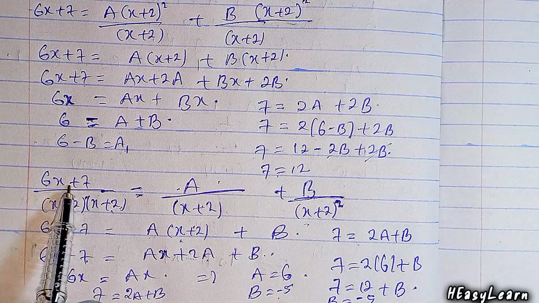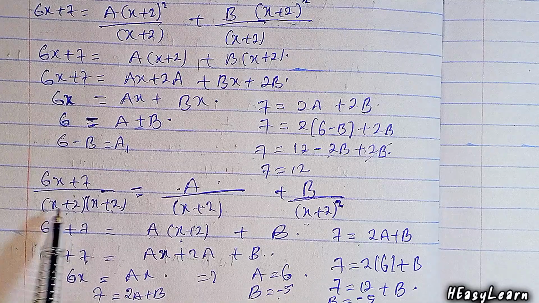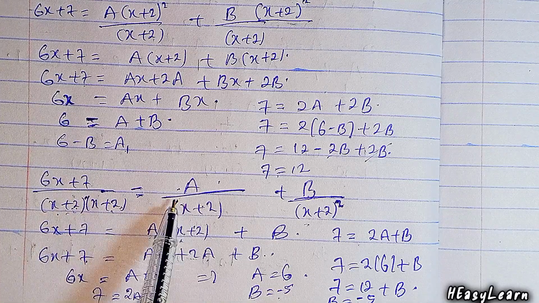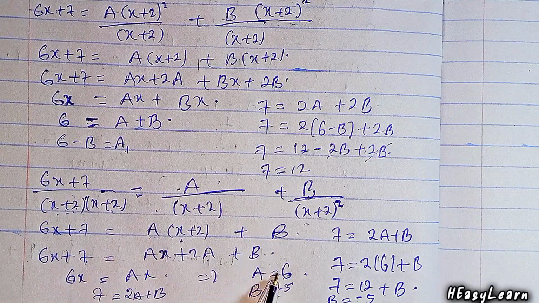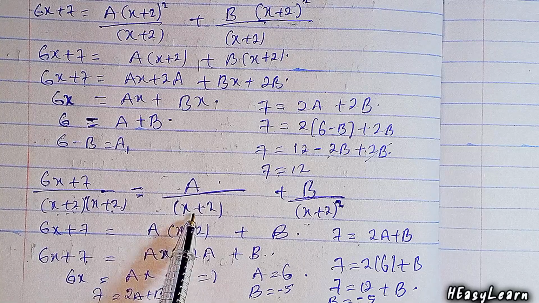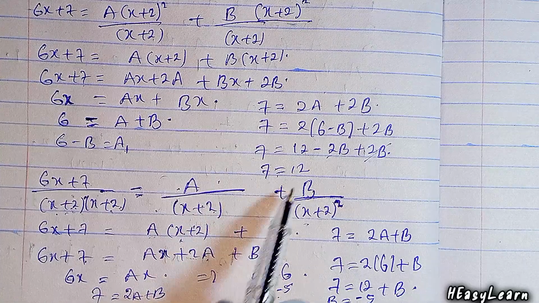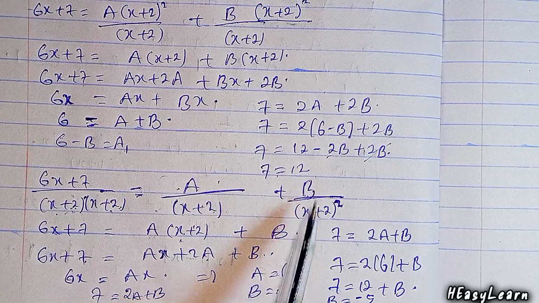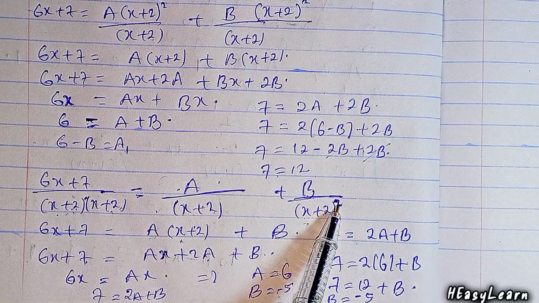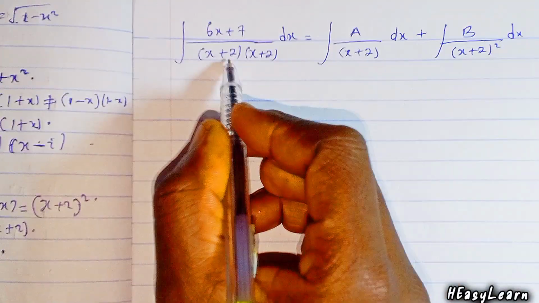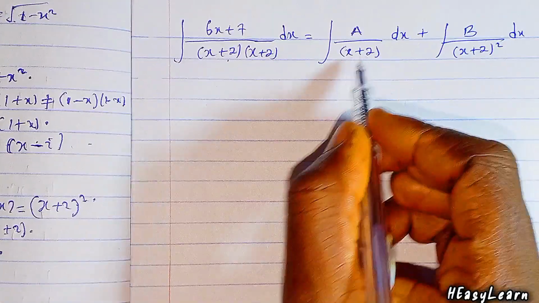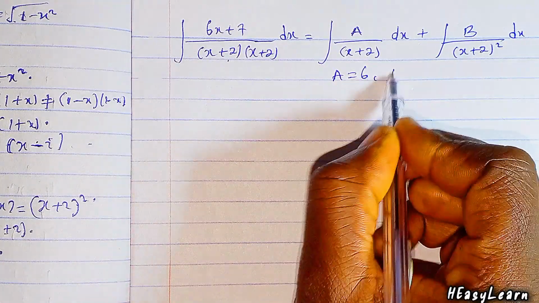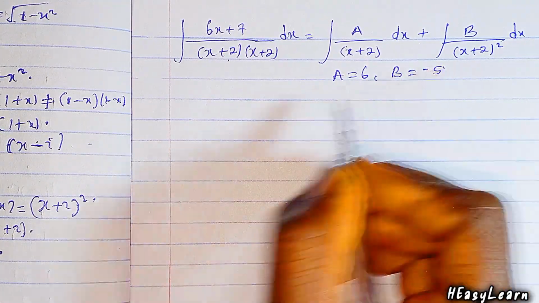To integrate (6x plus 7) divided by (x plus 2) squared is the same thing as integrating 6 divided by x plus 2, plus the integral of minus 5 over (x plus 2) squared. So to integrate the left hand side is the same thing as integrating here, where a is equal to 6 and b equals minus 5.